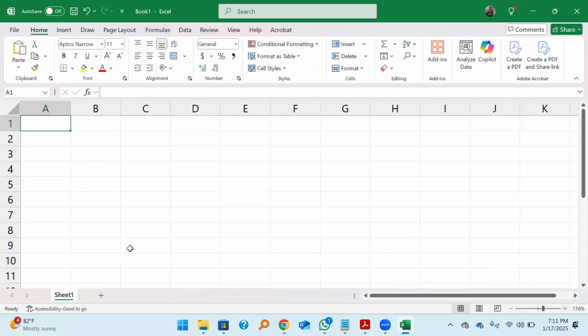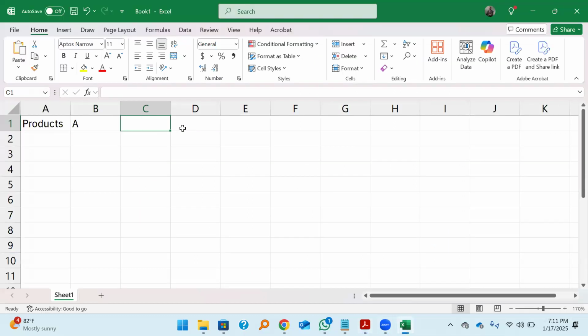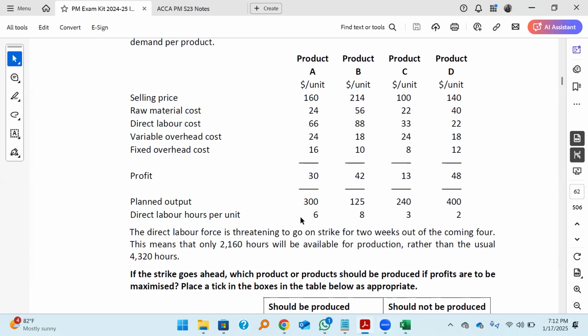So it means that we shall have our products. We have product A, B, C, and D. So we know the selling price is 160.